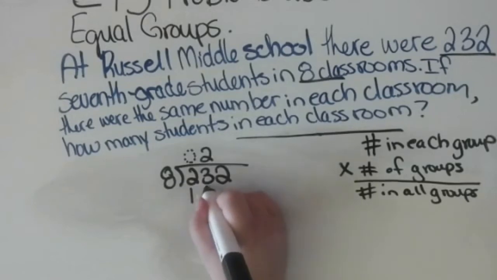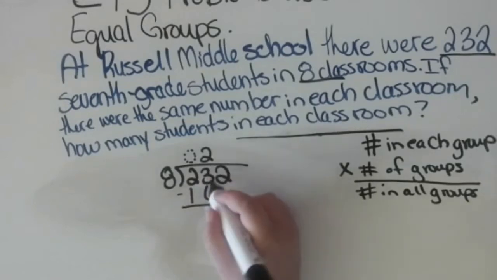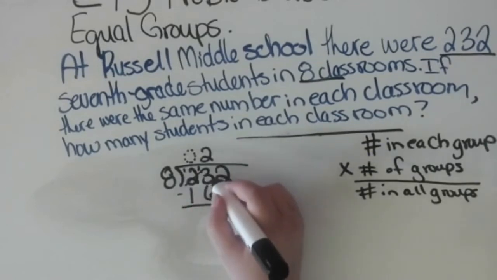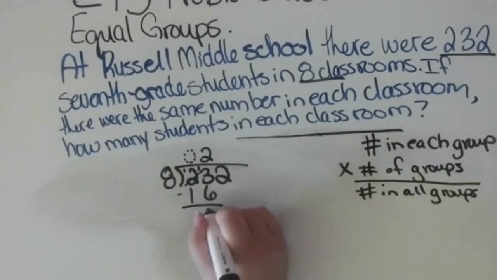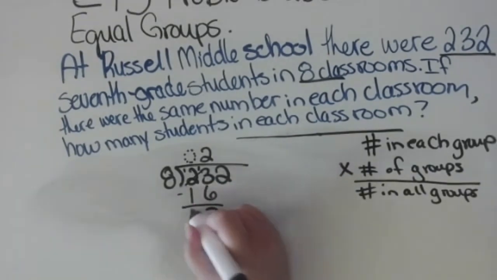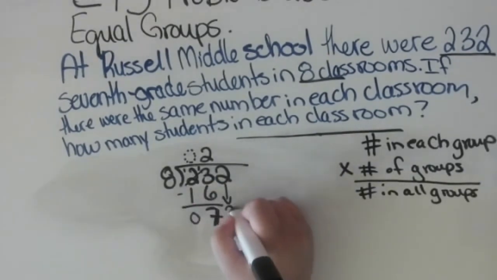Which is 16. Do my subtraction. 3 take away 6, I can't do. I need to borrow. This now becomes 13. 13 take away 6 is 7. 1 take away 1 is 0. Okay, I now bring down my 2. 8 goes into 72.